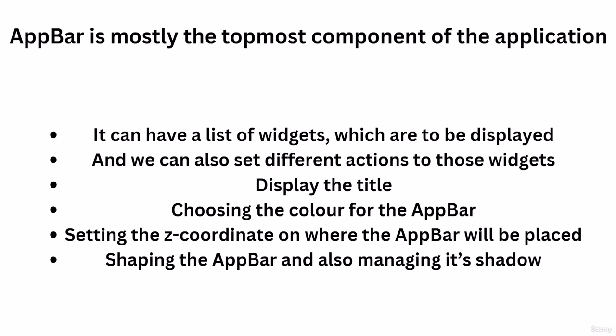You will also be able to set the Z coordinate on where the app bar will be placed. What it means is that you will be able to handle the elevation, like will it be flat or will it be a little bit elevated. You guys can also manage that particular thing. And after that, we are going to learn about shaping the app bar and also managing its shadow.